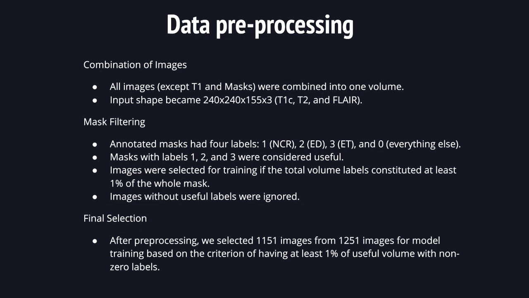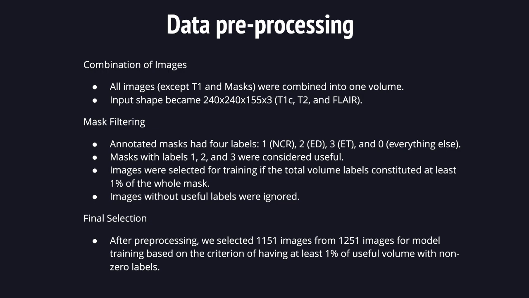For the mask filtering, the annotated mask had 4 labels. For the final selection, after preprocessing, we selected 1,151 images from 1,251 images for model training based on the criterion of having at least 1% of useful volume with non-zero labels.